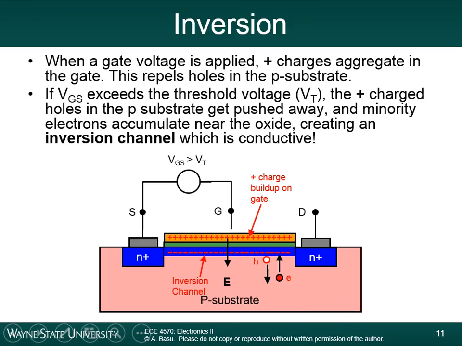This is where your capacitor is being formed between the gate and the substrate. By capacitor, I mean you apply a voltage across here, you generate positive charges on one end of the dielectric, negative charges on the other end. So you can think about this inversion effect as being due to this buildup of potential between the gate and the substrate. It just happened to be that the source and the substrate were connected to the same potential. So what happens if the source is not connected to the substrate?